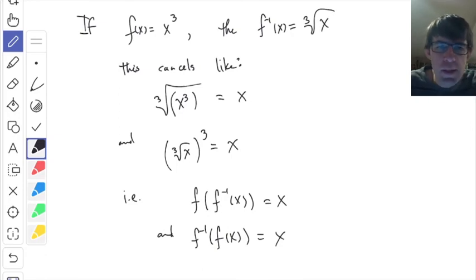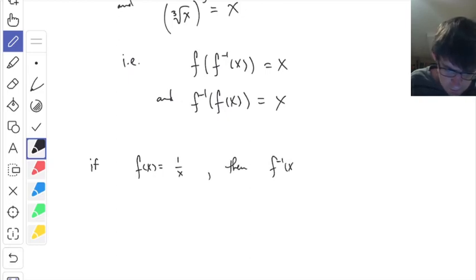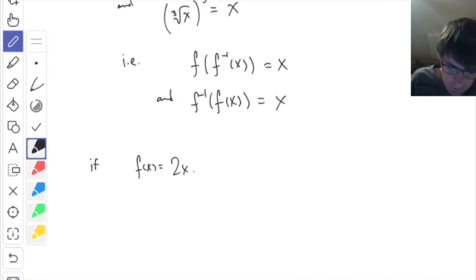In other cases, it's not so obvious what the inverses are, and sometimes it can be somewhat strange. Let me do a simpler example first. What if f of x equals 2x? Then f inverse of x?